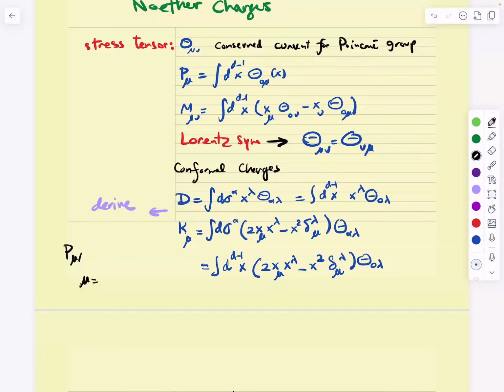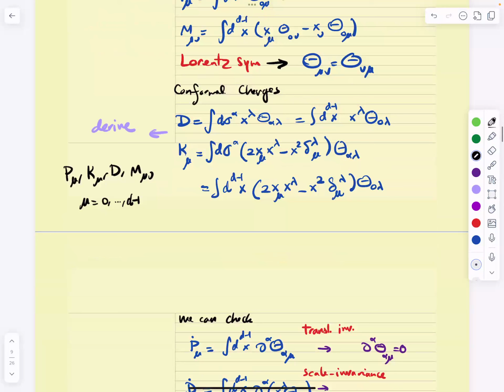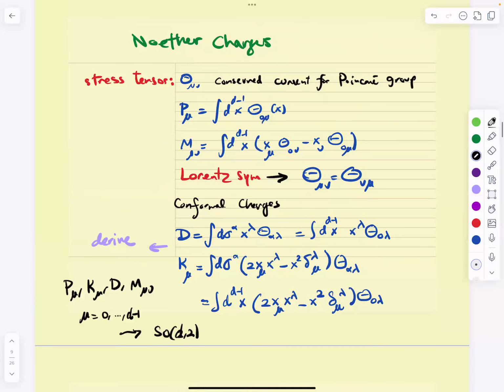So mu runs from 0 to D minus 1. You have P mu, K mu, D, and M mu nu. It's easy to repackage this to show why the conformal group is SO(d,2). All right. Questions? Or at least the Lie algebra is the same as the Lie algebra of SO(d,2).